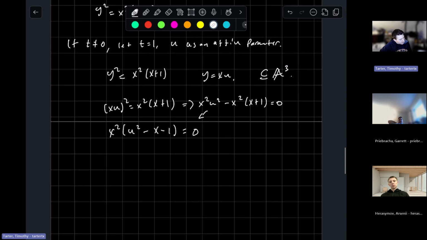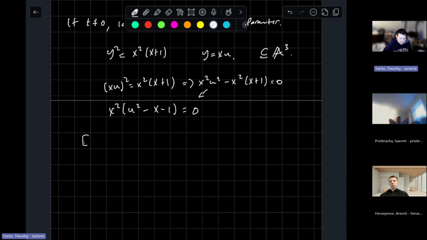So they say that E is defined by x equals 0, y equals 0, u in k, which gives us that xu is equal to 0, and then accordingly, if x is equal to 0, then we get 0 equals 0.